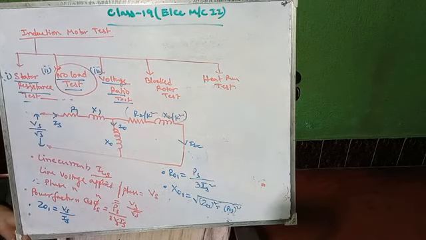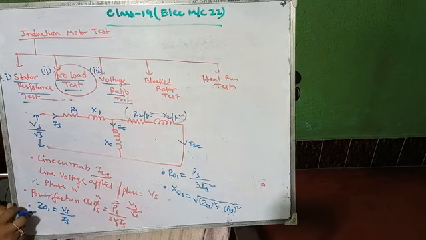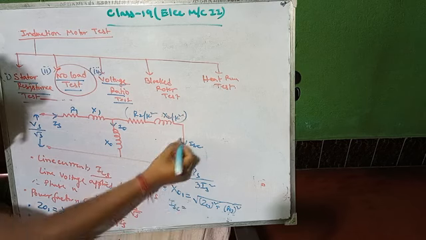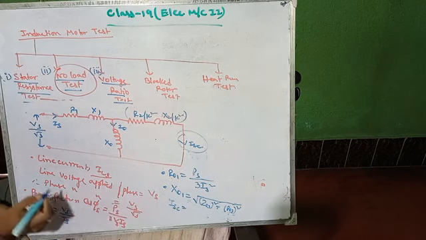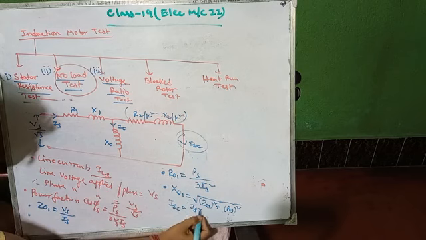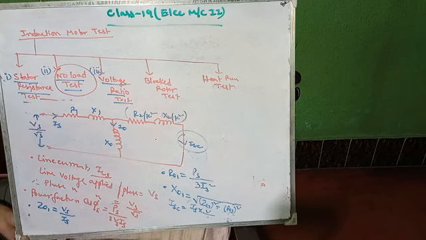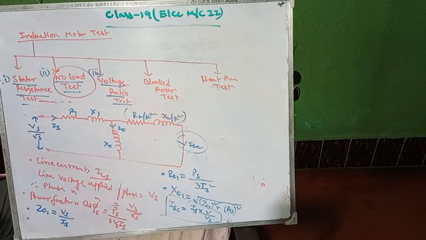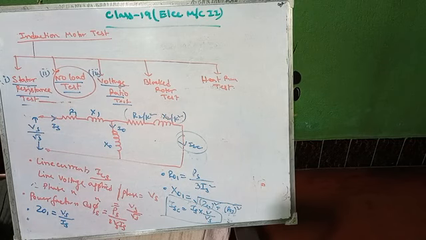You have to use these formulas step by step to find the answer. Finally, the short circuit current ISC can be calculated using the formula IS into V by Vs. So this is all about the blocked rotor test.